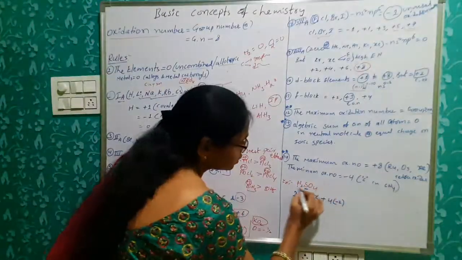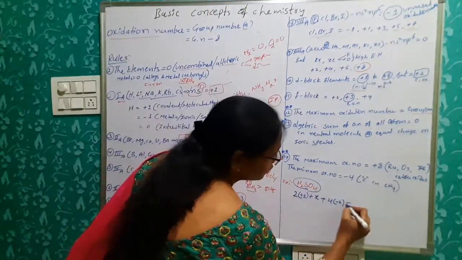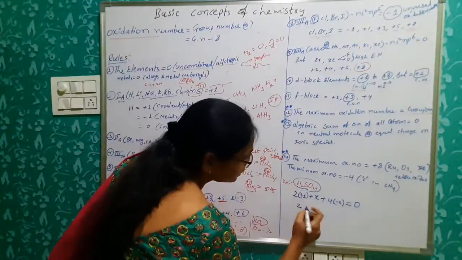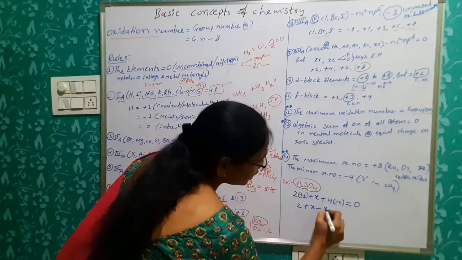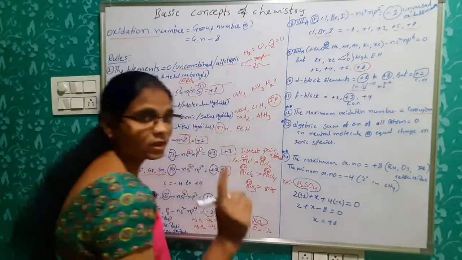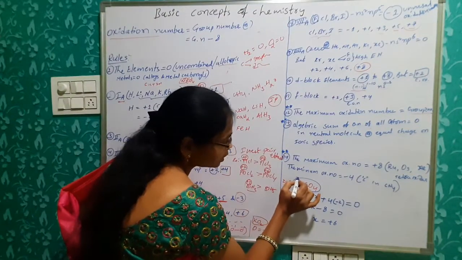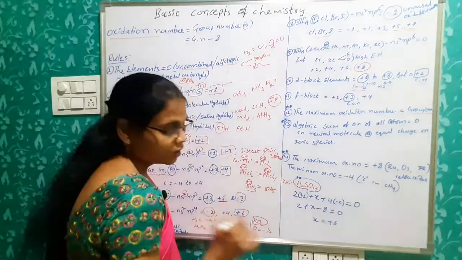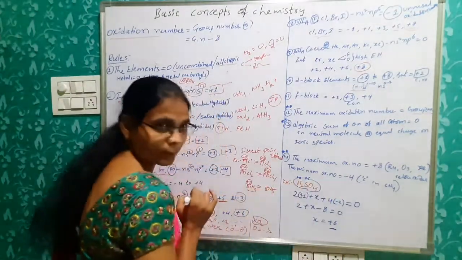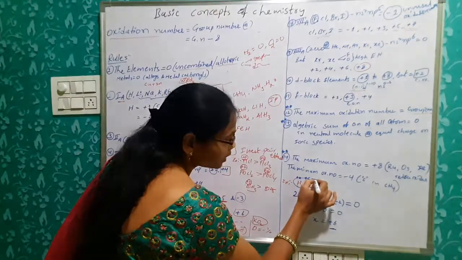There is no charge on the molecule, so it is a neutral molecule, and the sum is equal to 0. Now listen to me. 2 plus x minus 8 equals 0. Then x equals what? Plus 6. Here the oxidation number of 2 hydrogens is plus 2, the oxidation number of sulfur is calculated as plus 6, and the oxidation number of 4 oxygen atoms is minus 8.